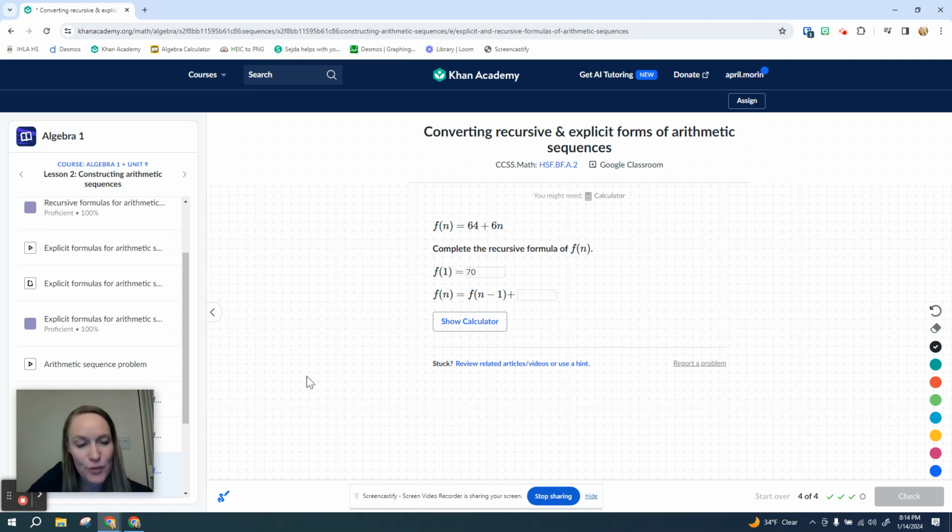So I'm going to list the first 4 terms. Okay. First term is 70.